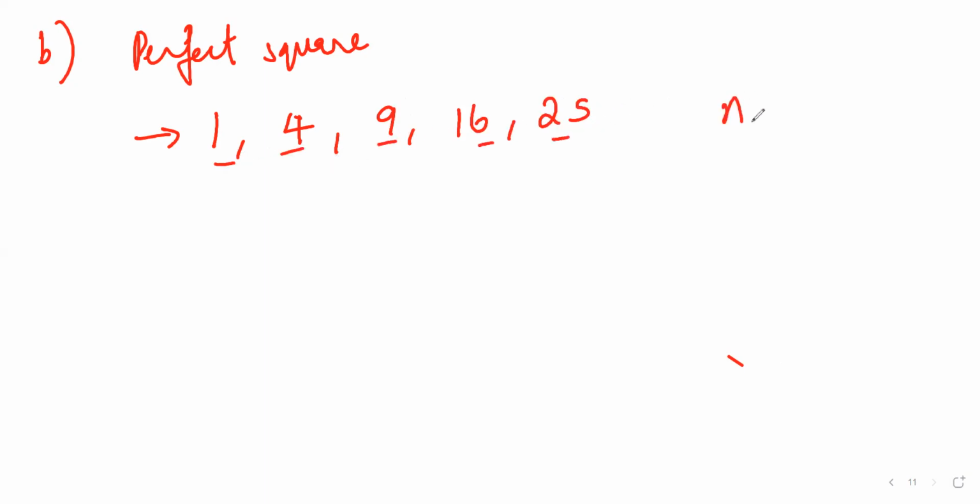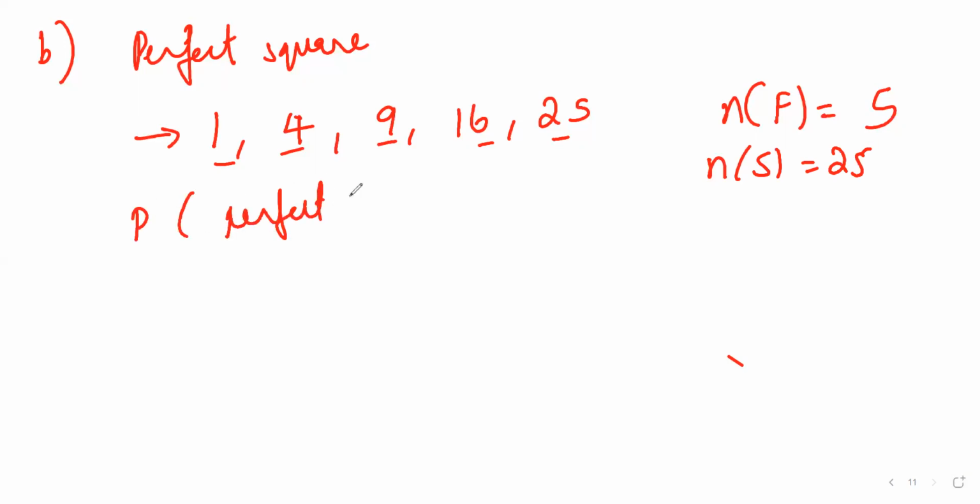So n of favorable, count of the favorable events is 5, and n of s will be, of course, 25 because there are 25 cards. So probability of perfect square will be count of favorable by count of total, which is equal to 1 upon 5. Okay.